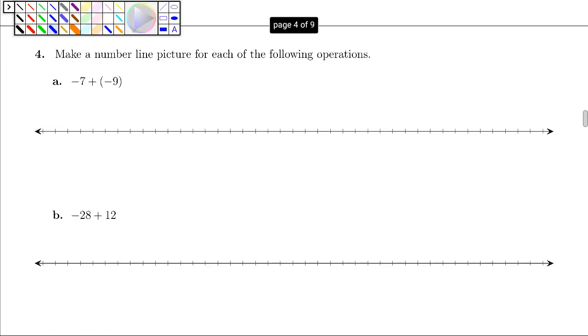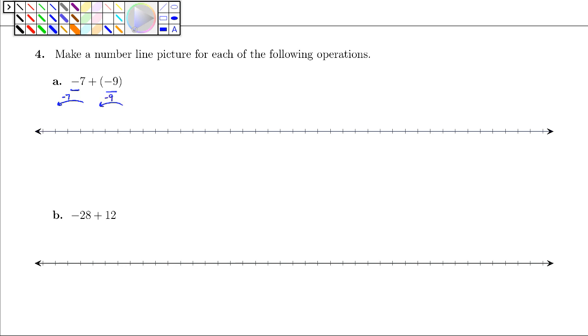So we're going to make some number line pictures for each of the following. If I have -7 plus -9, think about this. -7 is going to be a jump in that direction, and -9 is also going to be a jump in that direction.